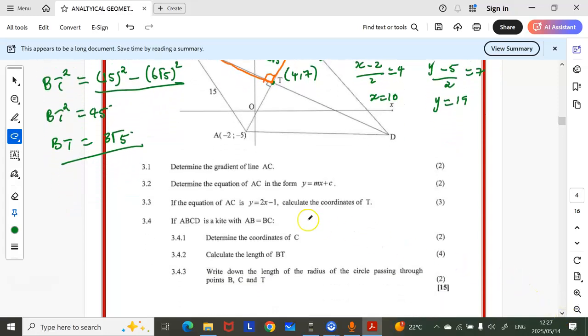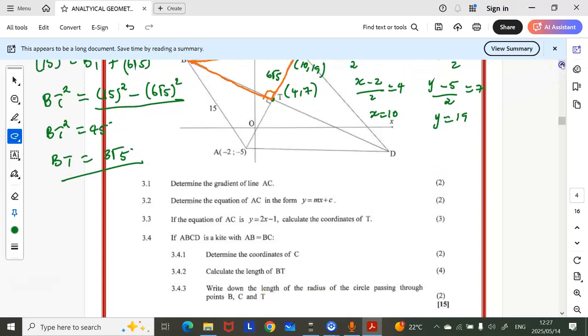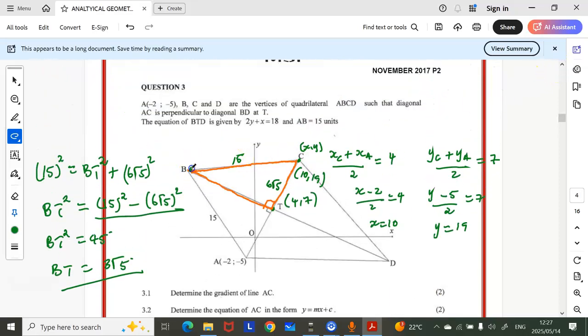And then the last question: write down the length of the radius of the circle passing through points B, C, T. They are saying there's a circle that is passing through this point and this point and this point. So the circle is going this way, right?